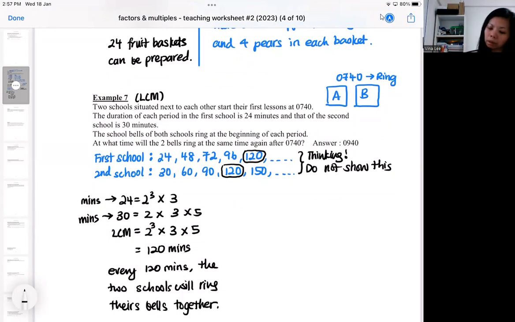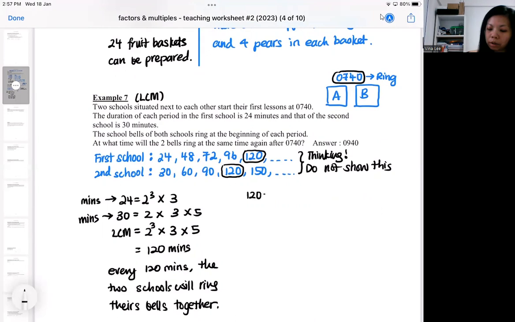So then you got to answer the question. The question is asking you what time after the start. The school starts at 7:40. So what is the next time where the 2 schools will ring their bell together?